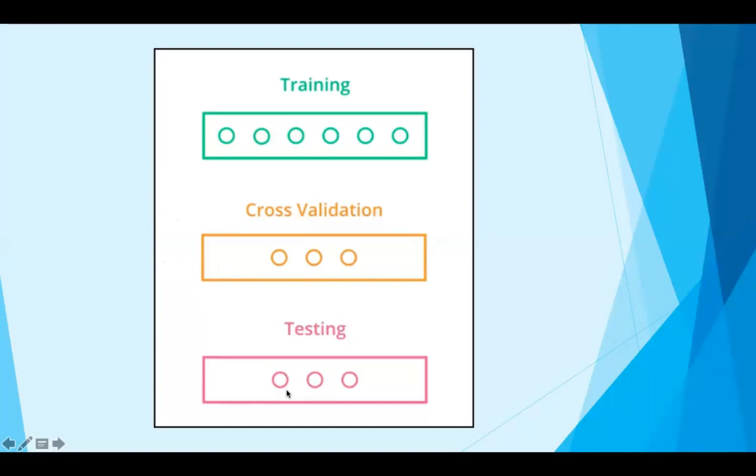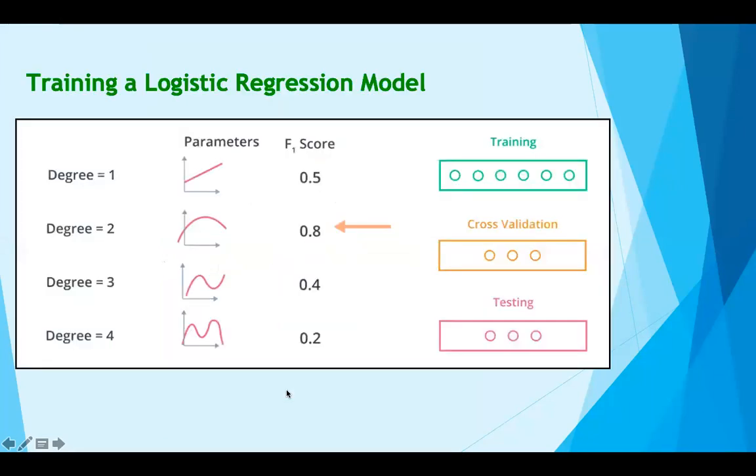Now let's take an example of logistic regression to understand more. Let's say we have four models. We train our model with a degree of 1, which is a line, then with a degree of 2, 3, and 4.